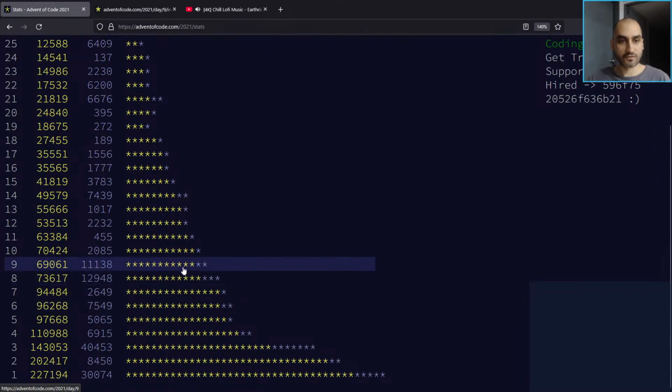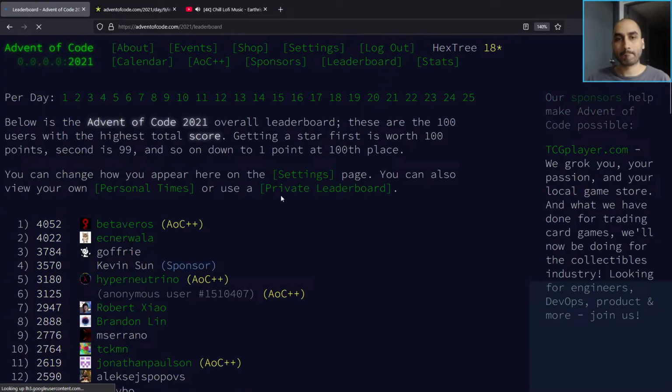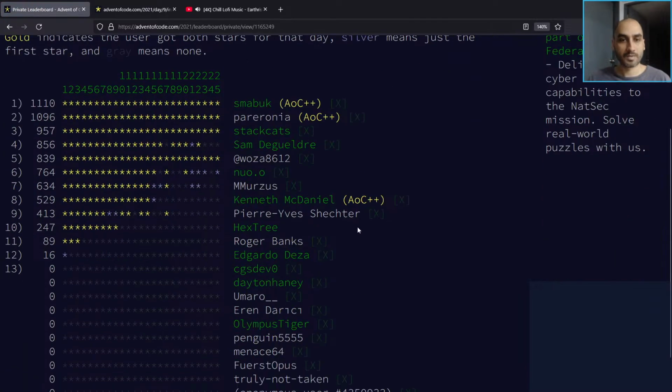Yep, that's about a third of the way through. Looks like 19 might be a tricky one. Got a bunch of people who've done this.